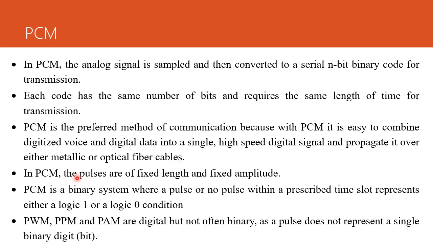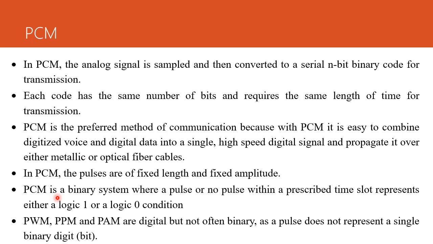So in PCM, the pulses are of fixed length and a fixed amplitude. And PCM is a binary system where a pulse or no pulse within a prescribed time slot represents either a logic 1 or a logic 0 condition. That is, in PCM, we are converting the original analog signal to digital data.